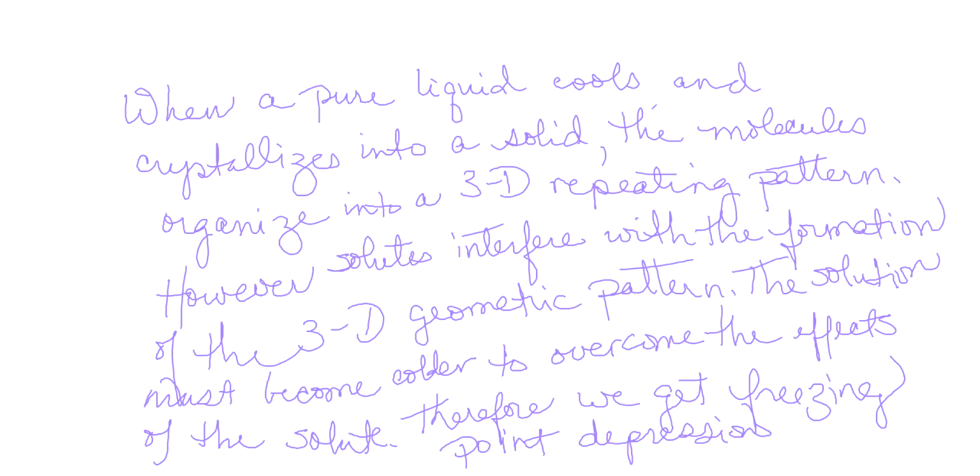So for my solution, because you have all these little solutes that are interfering, I need to become colder, less energetic, so I can overcome the effects of the solute on the crystallization process. And that's why we get freezing point depression.